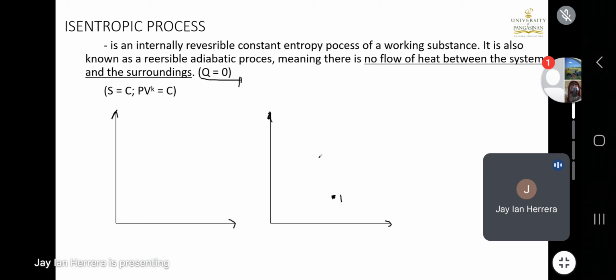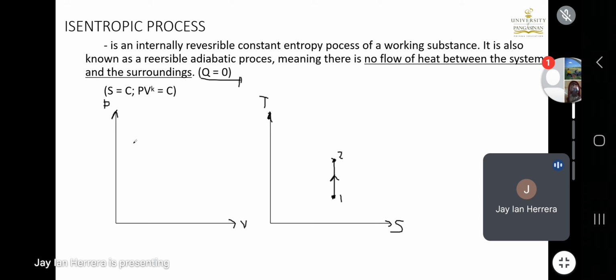So let's try to draw the diagram. On the T-S diagram, hindi magbabago yung ating x-axis since S is constant. And say this is your point 2. Ganun lang.